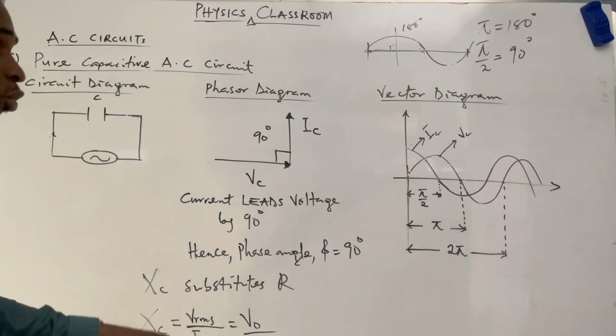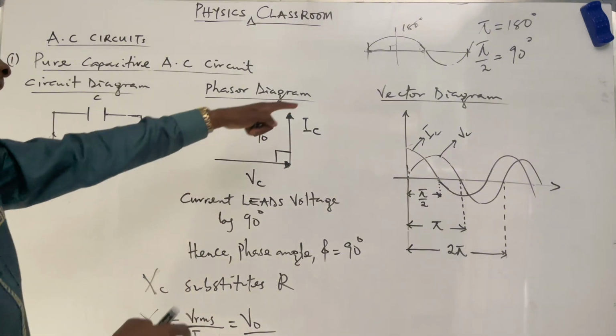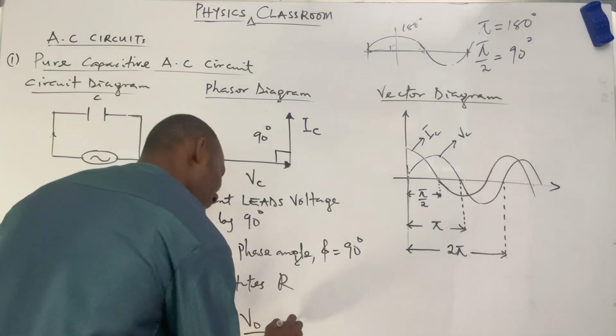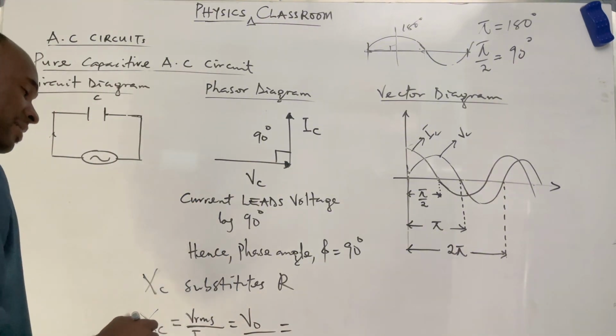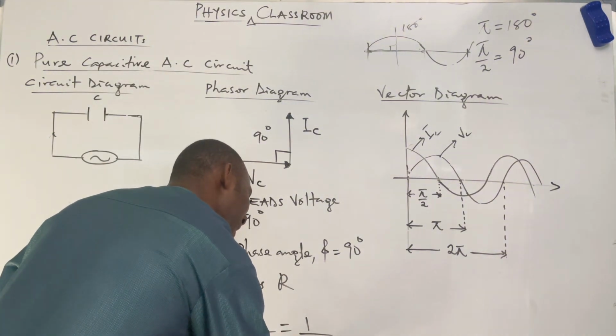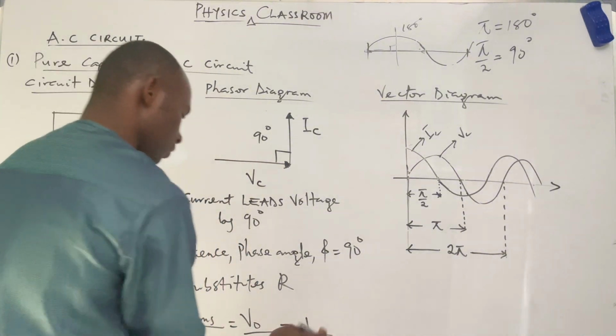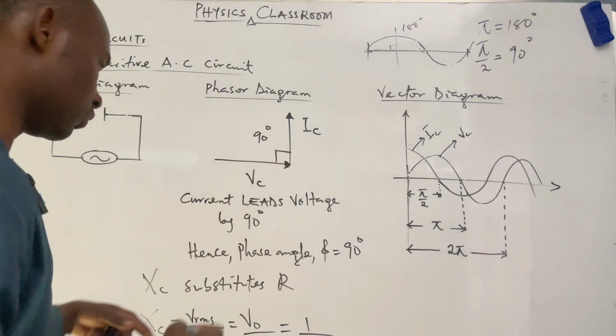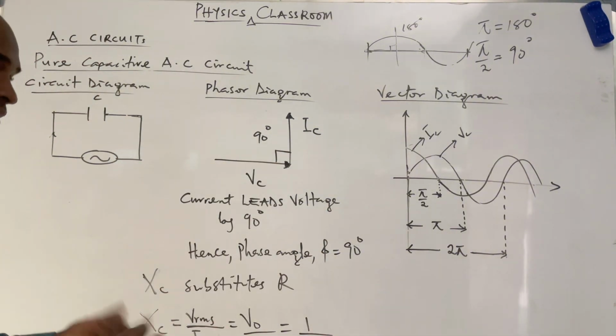In the same way, I told you earlier when I was explaining reactance the other time, that XC, capacitive reactance, is equal to 1 all over 2 pi FC. Take note. You can combine all this together to later solve questions. Later on, we apply all this in solving questions.